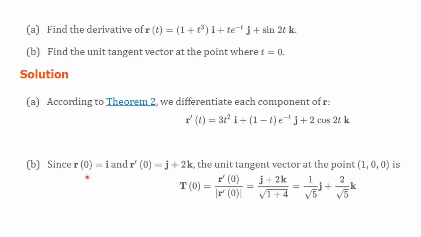But now we're going to be substituting 0 in here, and so when we substitute 0 into r, we get i, and r prime at 0, we put 0 in here for t, you're going to get j plus 2k, and so the unit tangent vector at that point is going to be r prime at 0 divided by the magnitude of r prime at 0, so you get this, and you get this as the unit vector.